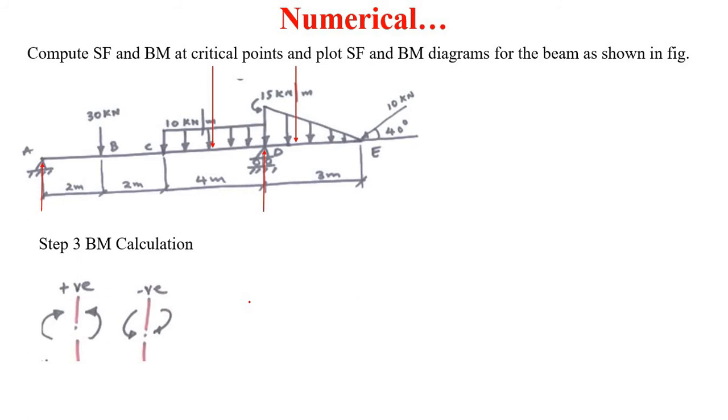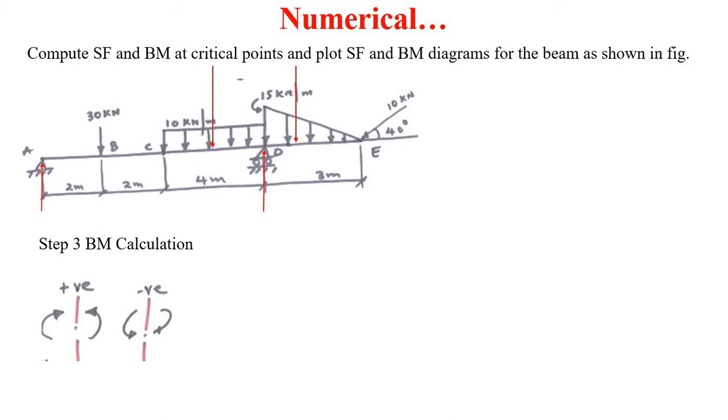So we will calculate the bending moments at these critical points, that is A, B, C, D and point E. As we know, the bending moment at point A is equal to 0, MA is equal to 0, because at point A a fixed hinge support is given.